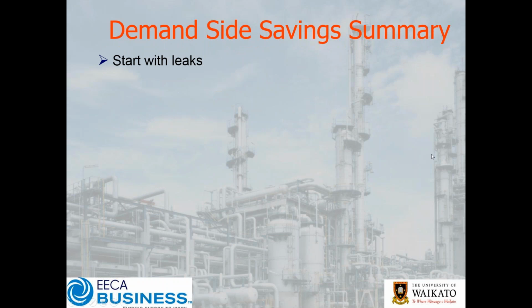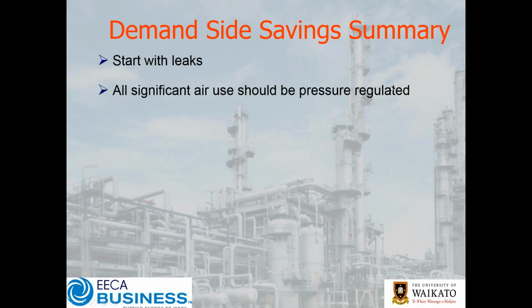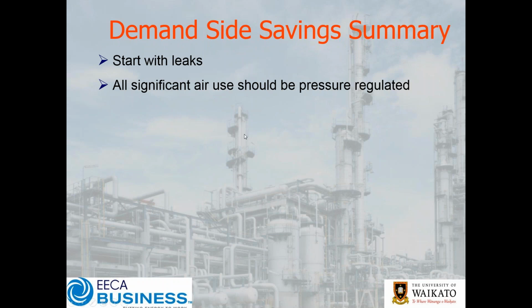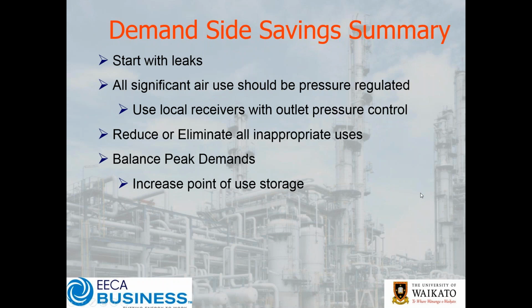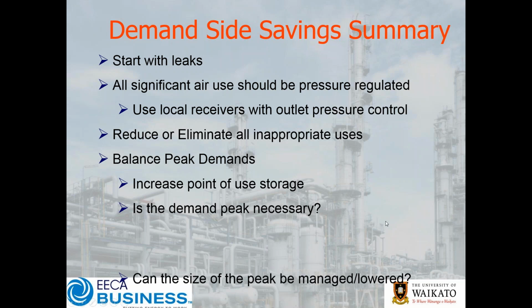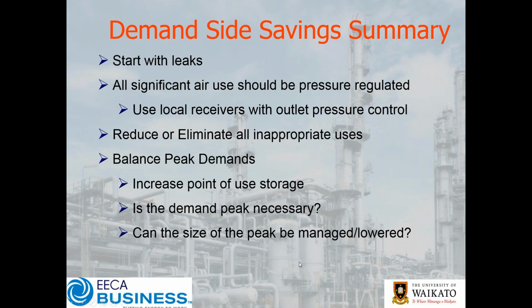So in summary, on the demand side, we can start with leaks. When we want to look at all significant air use that should be pressure regulated, we want to use local receivers with outlet pressure control where we need to, reduce or eliminate all inappropriate uses, balance peak demands, increase point of use storage, identify whether peak demands are really necessary, which can be substituted, eliminated, and can we manage the size of those peaks?